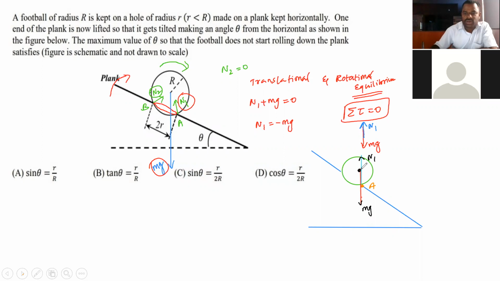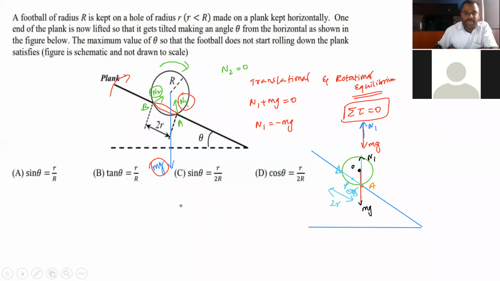This is the center of the ball, the point O. This is the 2r. In the center point, let us take P. This is the point B. A to B is 2r, and P to A is r.